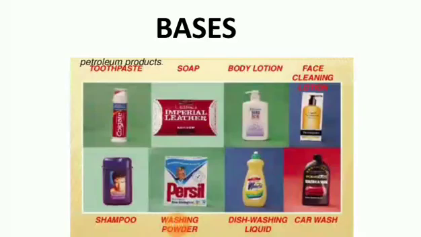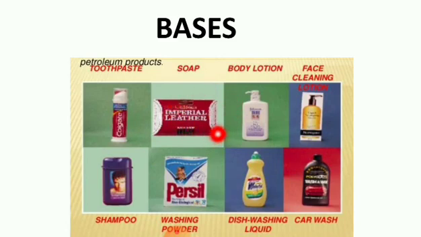Next we move to bases. Students, we use soap for bathing as well as washing, right? The soaps are slippery in nature. Do you know why? Soap is slippery because of the presence of base.